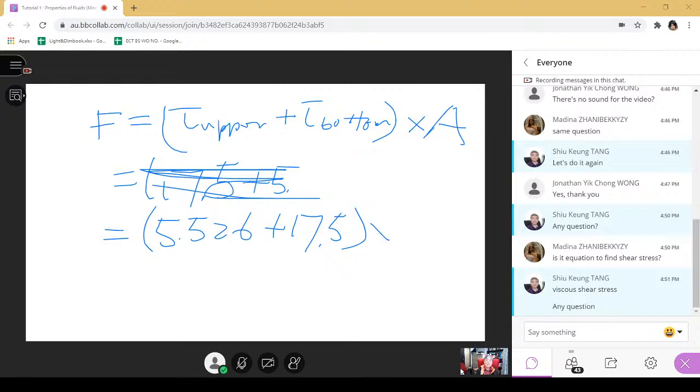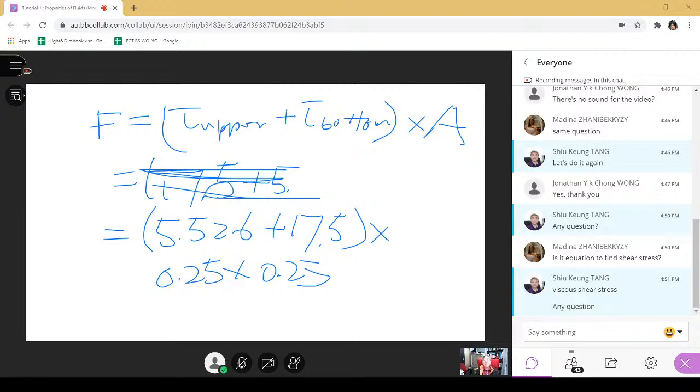Now the area is 250 millimeter times 250 millimeter. Remember, we have to convert this dimension into SI units.